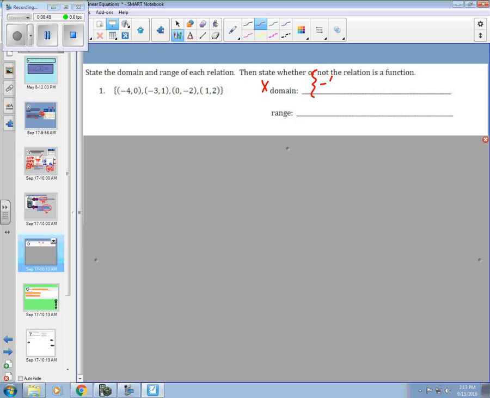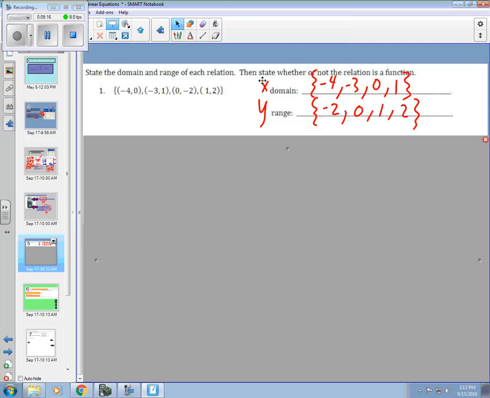So we'd have -4, -3, 0, and 1 would be our domain. Our range is our y's. That would be the set of all the y points here. Now usually they list them from least to greatest. Looks like our smallest one here is -2. Our next biggest y value there is 0, 1, and 2. So that would be the domain and range.